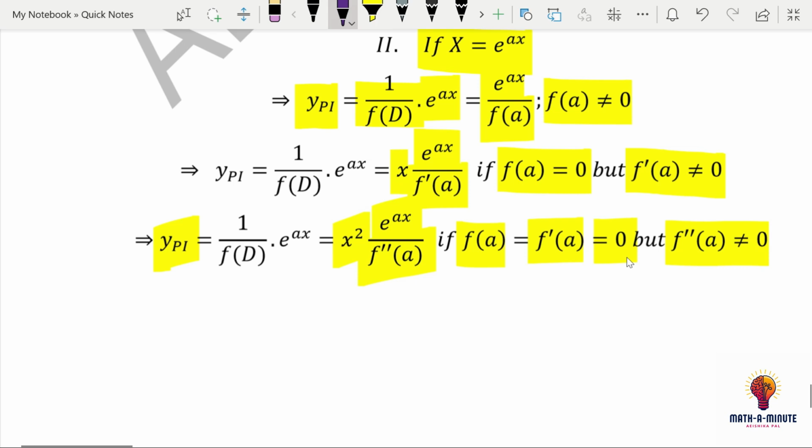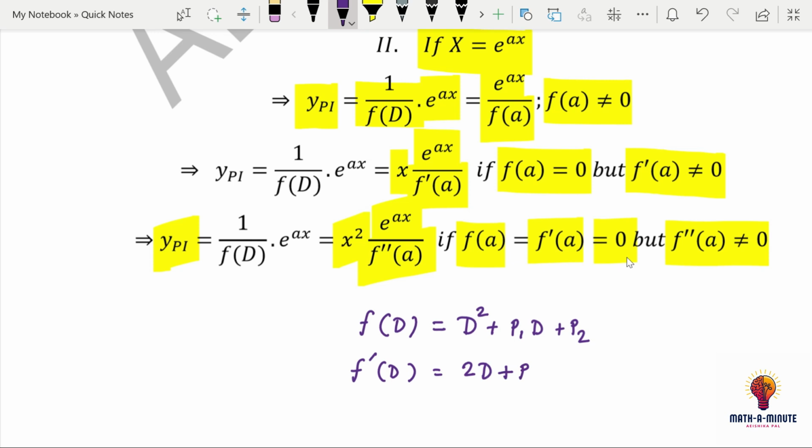Because it is a second order differential equation, the highest index value of D will be 2. So if we differentiate this function once, it will be a first degree equation, and if we differentiate it twice, it will be a constant.